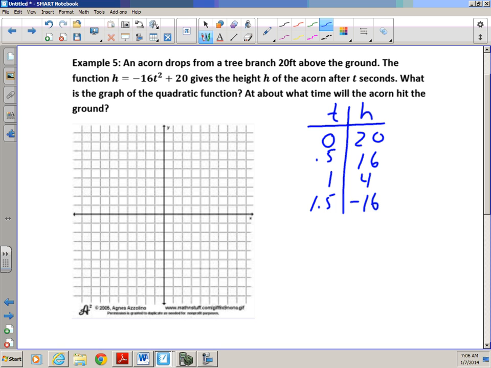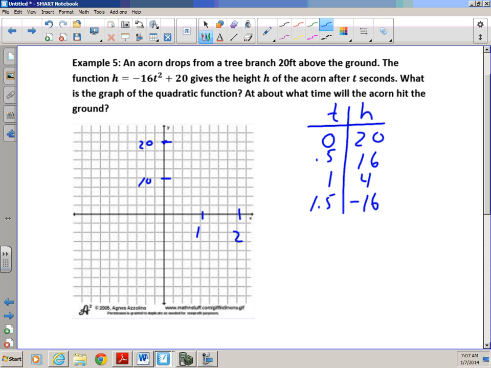What I'm going to do is spread this out a little bit. I'm going to use that as 1. That is 2. That's 10. And that's 20. Okay, so I'm going to use that as my intervals.